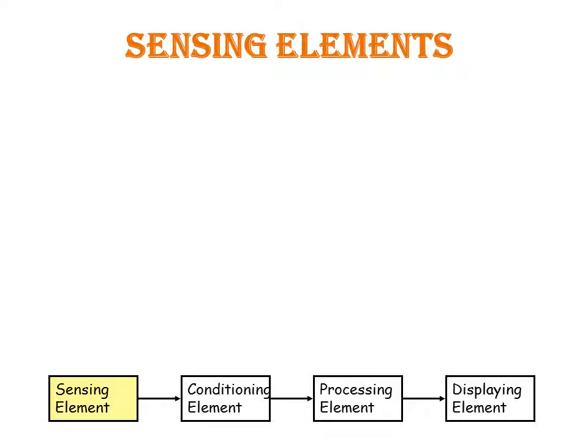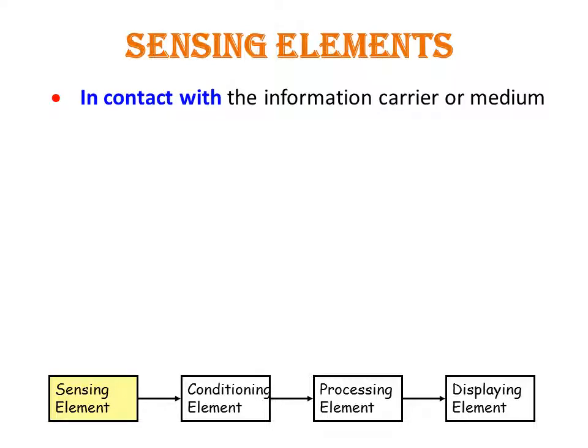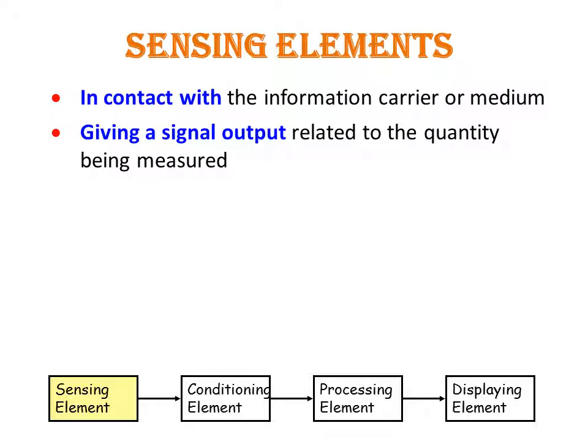First, the first basic block of a measurement system is the sensing element. Sensing element is in contact with the information carrier or medium. That is, whatever true value of the variable we get from the measuring system or process is given to this sensing element.